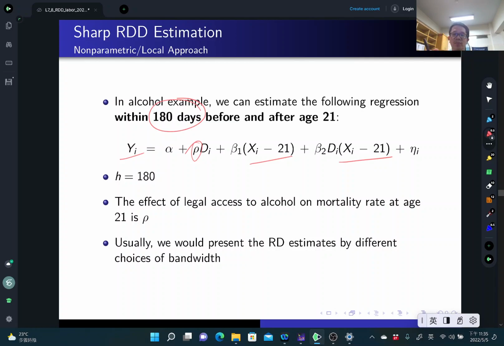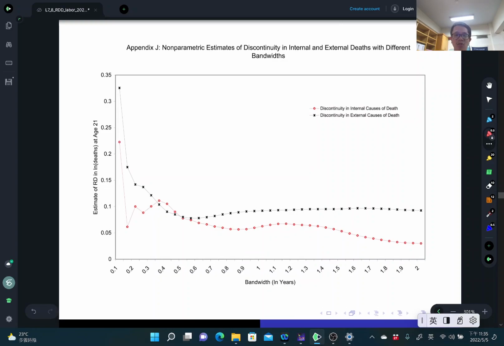We usually present this estimate based on different choices of bandwidth, for example 200 days, 300 days. This is the RD estimate at the 21st birthday.